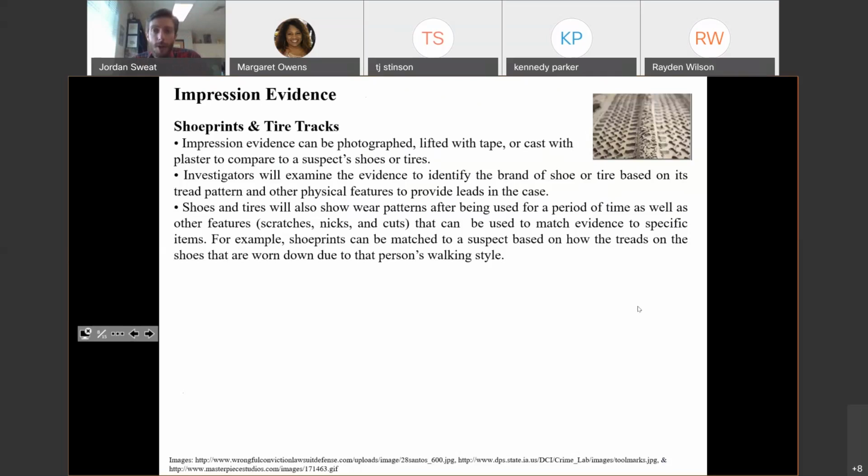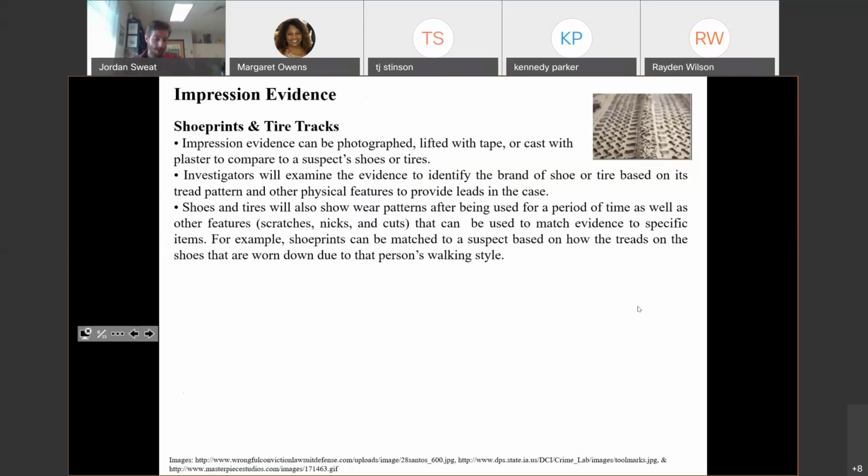The first thing we're looking at here are shoe prints and tire tracks. Obviously, some surfaces don't take on these impressions, like asphalt paved roads. Those don't really take tracks very well unless there's paint or something else in the road. But on dirt roads and muddy areas, that's a different story.